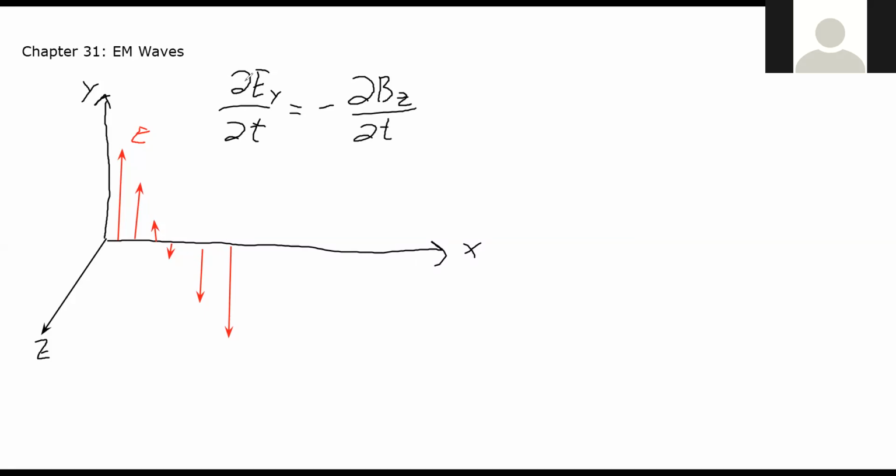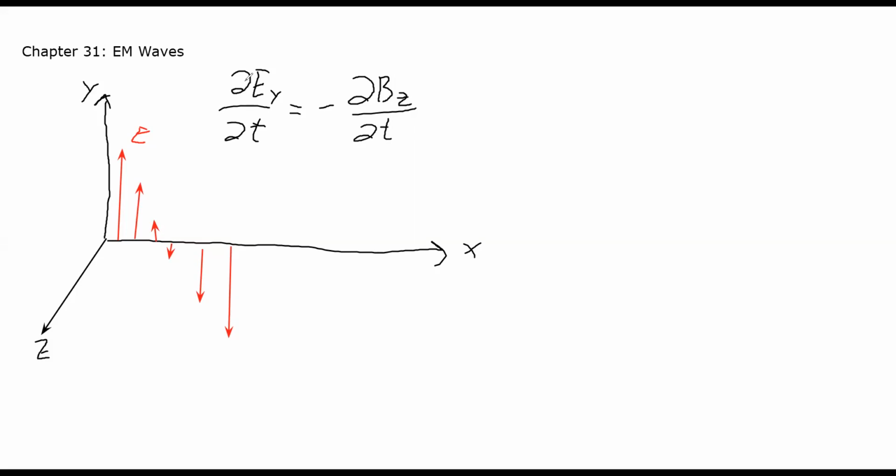Okay, so this is what I've been talking about earlier, and it takes some work to see that. You have to use Faraday's law, and I think you actually use Faraday's law twice, and Ampere's law. So you kind of have to mess with the different laws that we've seen so far.